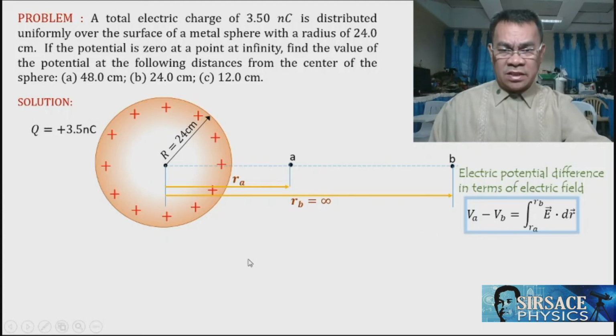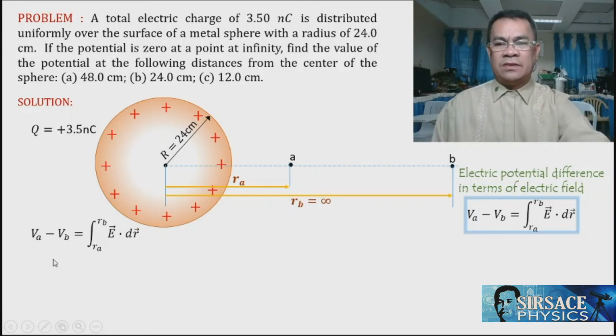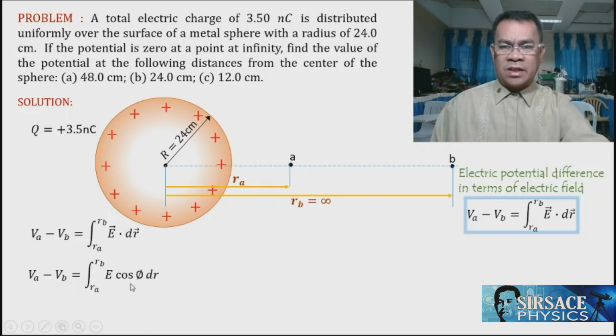So using this formula, let's now evaluate. Take note this is cosine. So replace with the cosine of the angle. And take note, this is what? This is 0 angle, because the direction of the electric field is outward and the position is in the same direction. So therefore, this must be 0.